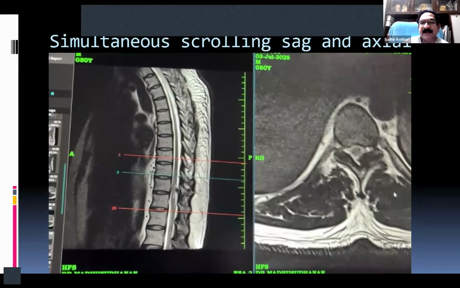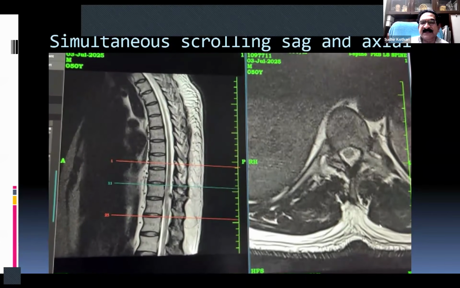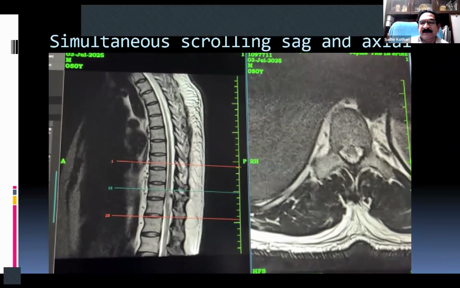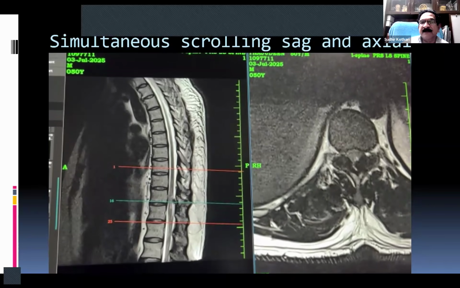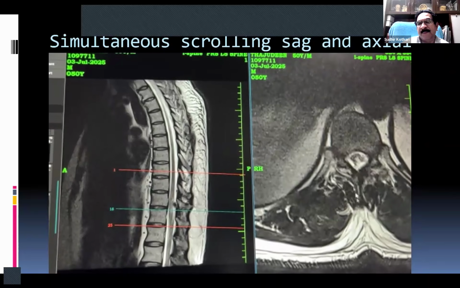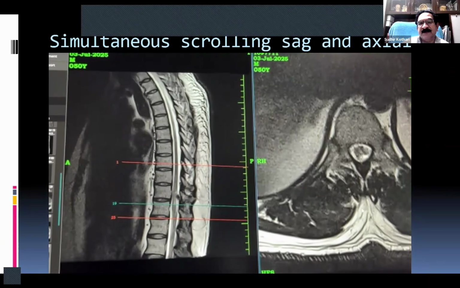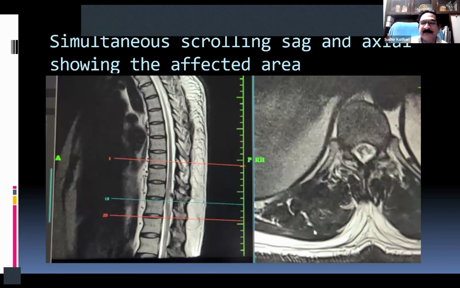See the compression there posteriorly, and below that you will see the hyperintensity. That is the area of hyperintensity. That is hyperintensity within the cord. Okay, this is the one which you see here.